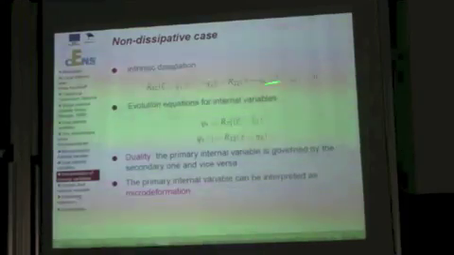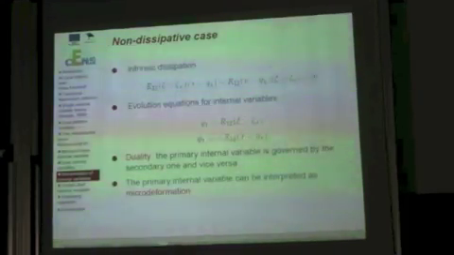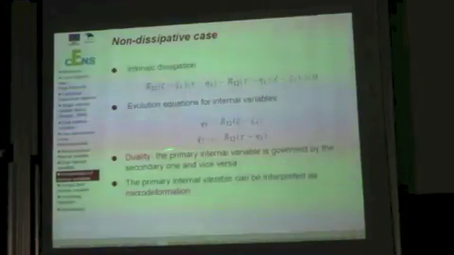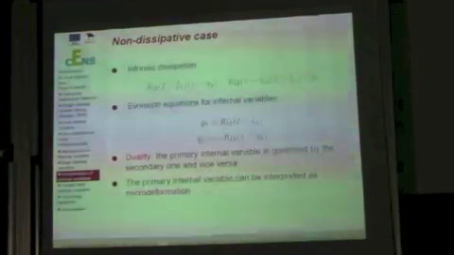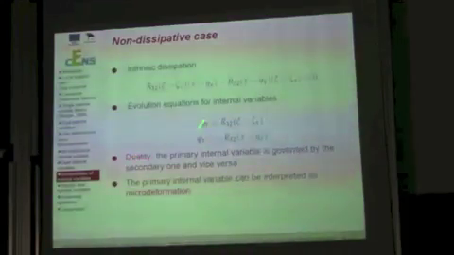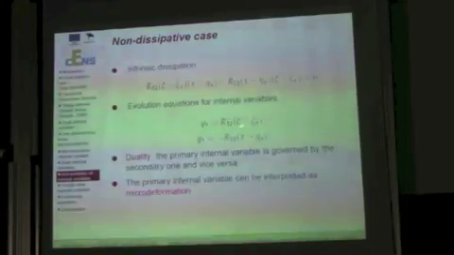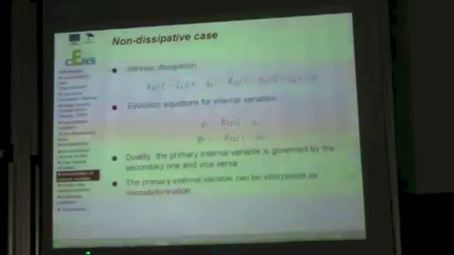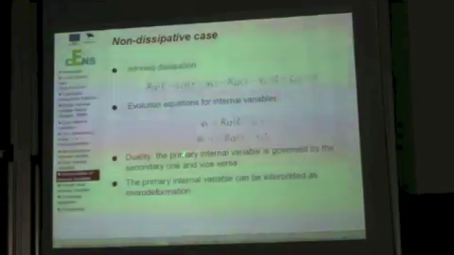We always have zero dissipation, and the evolution equations for internal variables are slightly different, because the duality means that the first, or primary, internal variables are governed by the second one, and vice versa, the second one is governed by the first.